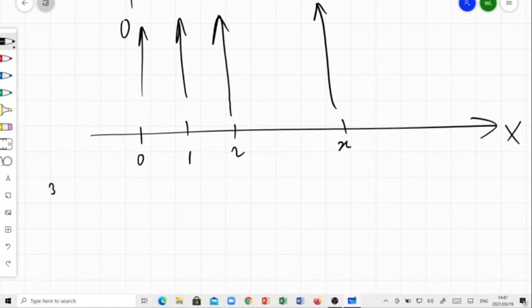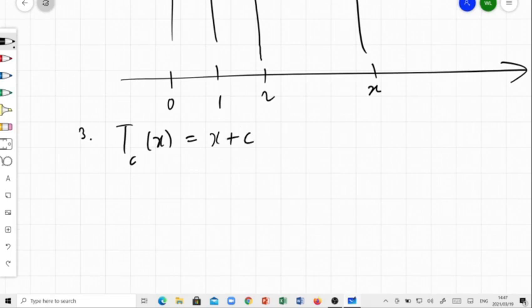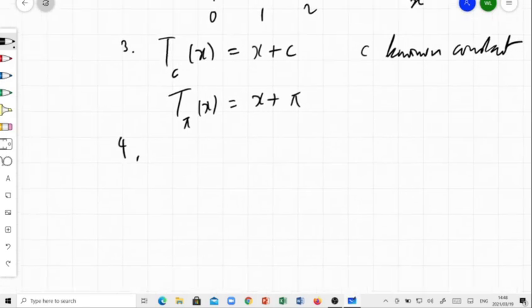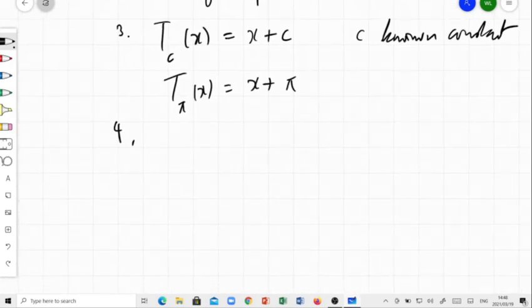Then the third type of function is what is called a translation function, TC of x. And what this does is that whatever you feed it, it will just add c onto it, where c is some known constant. So for example, if I choose t pi of x, it just adds pi onto x, okay? The fourth function is known as the magnification function.